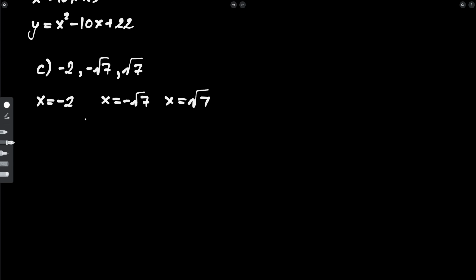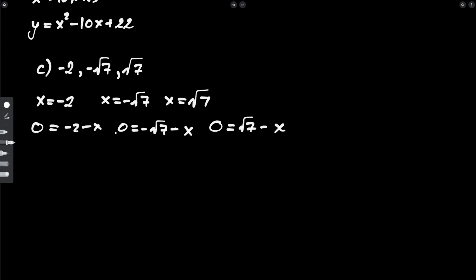And from here, we can multiply them all together and set them equal to 0. So that would be, first let me rewrite this. That'd be 0 equals -2 minus x. That would be 0 equals negative square root 7 minus x. And 0 equals square root of 7 minus x.